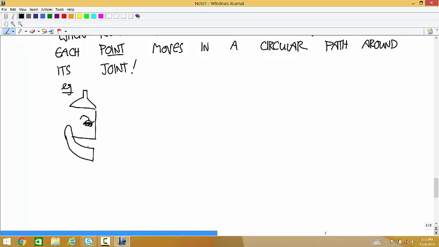If you track, as its jaw goes up and down, the motion of this point, that point is going to follow a circular path around that joint. Isn't that awesome? You didn't know that. Don't act like you knew that beforehand. You didn't.